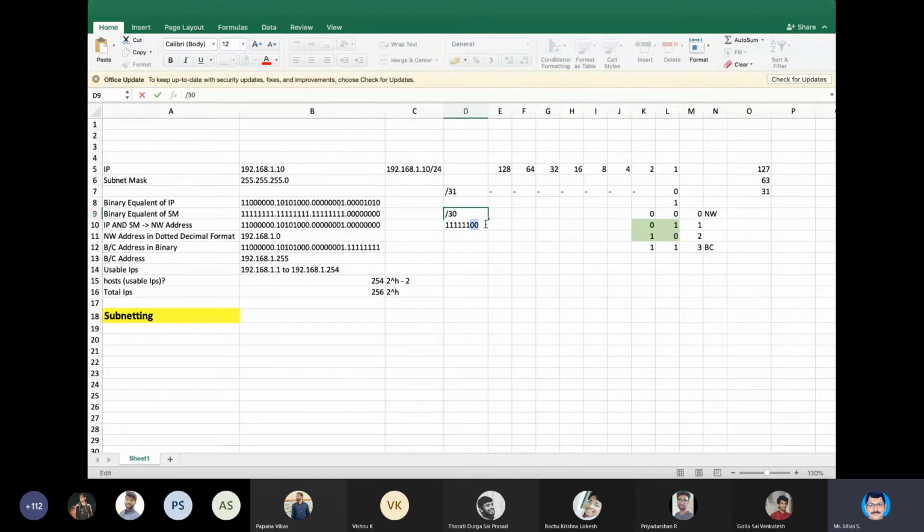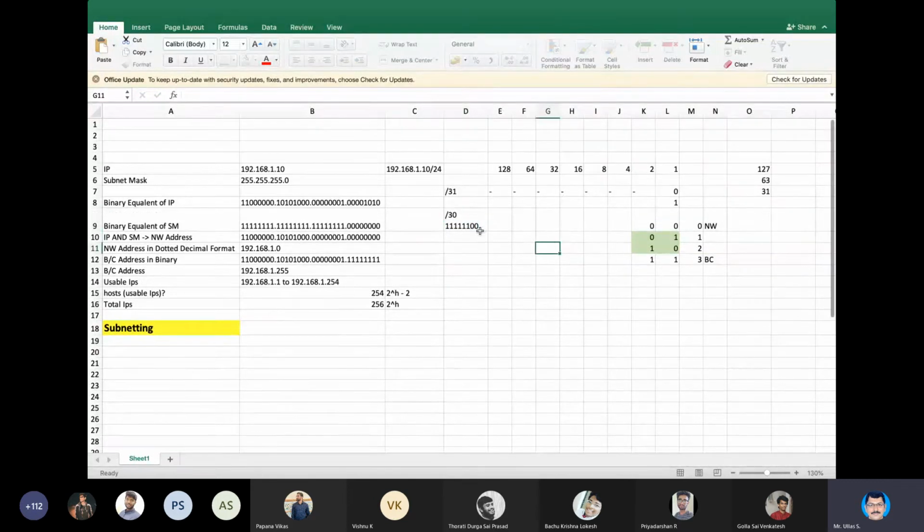What is the basic rule? The network bits you specify by using 1, and the host bits you specify by using 0. Okay, so what all of you said is correct.